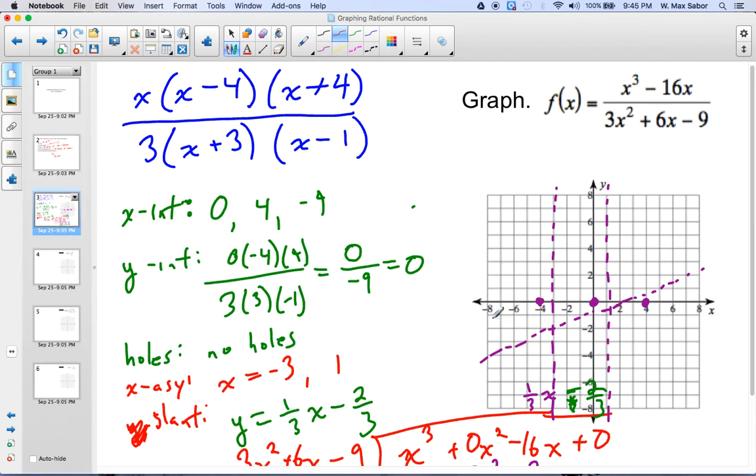Now, depending on how picky we want to be, we can plug in more points to find exactly what's going to happen. But for this purpose, it's perfectly fine to just say, okay, that's what it's going to look like up here. We know that it's crossing here and that the end behavior is going to be approaching that.